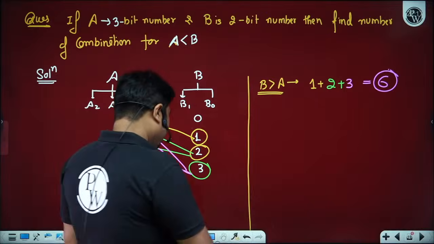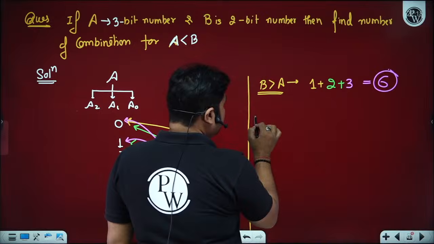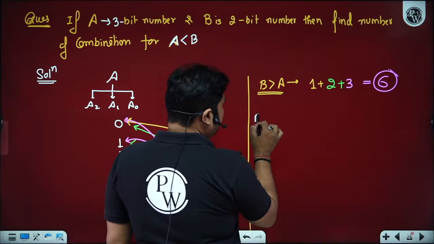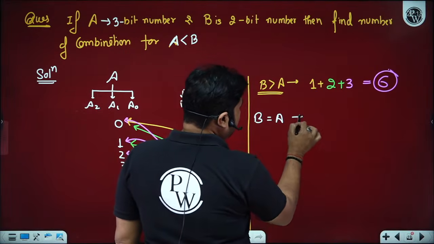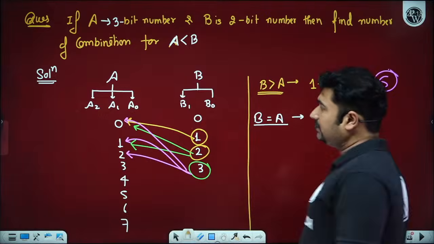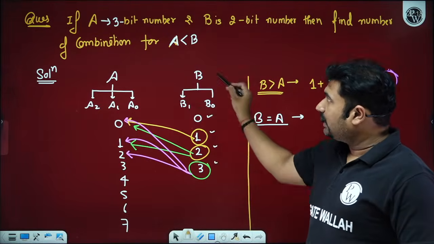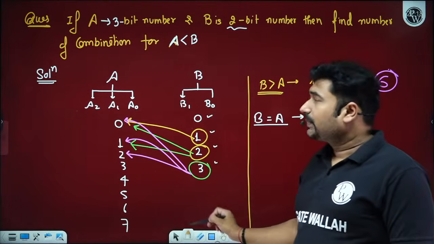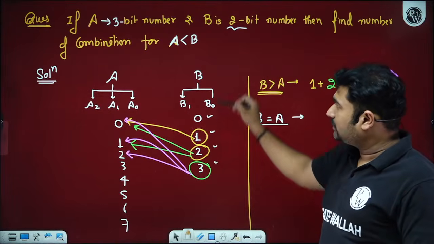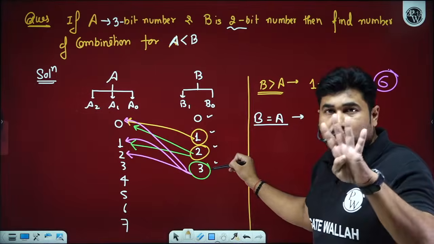So in the same way, how many possible combinations for A equals to B? If we talk about A equals to B, then how many possible combinations? Sir, 1, 2, 3, 4. It is decided by the lower number of bits number. For the lower number of bits number, we have a total of 4 combinations possible.